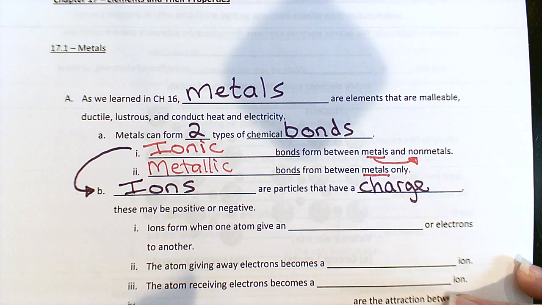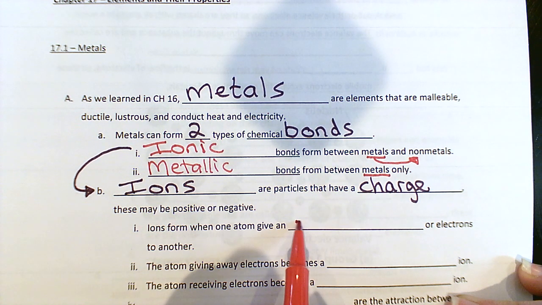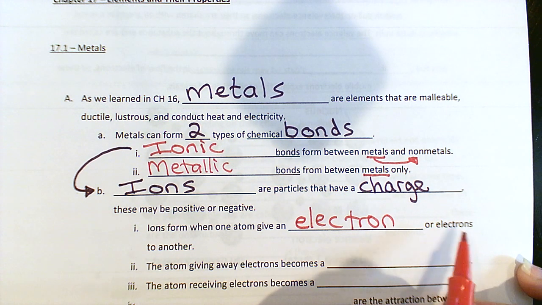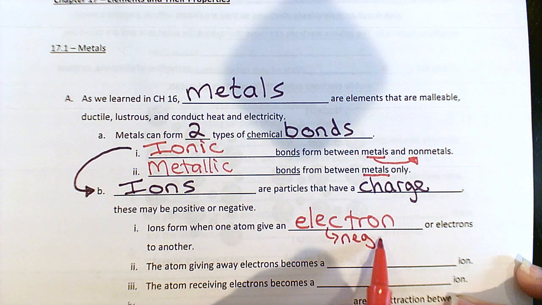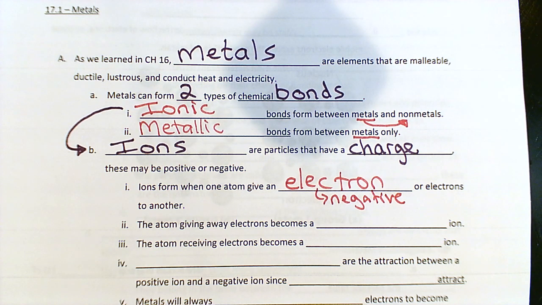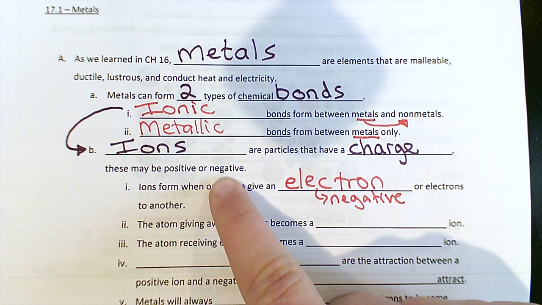Okay, so it would become an ion when it gives electron or electrons to another. Remember, electrons are negative, right? So if you are a neutral atom and you gain an electron, you're going to become a negative ion because you have gained negativity.